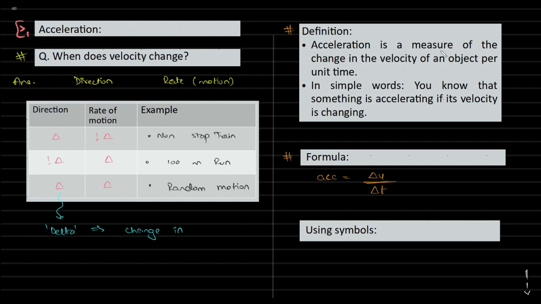So acceleration is a measure of change in velocity of an object per unit time. In simple words, you know that something is accelerating if its velocity is changing.